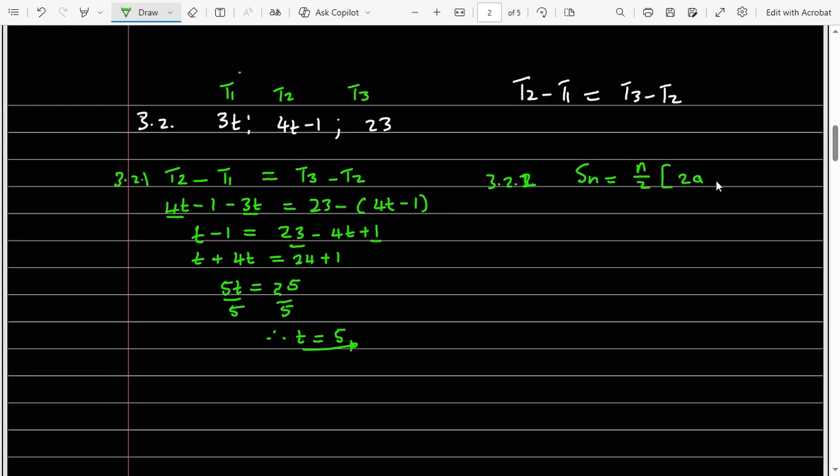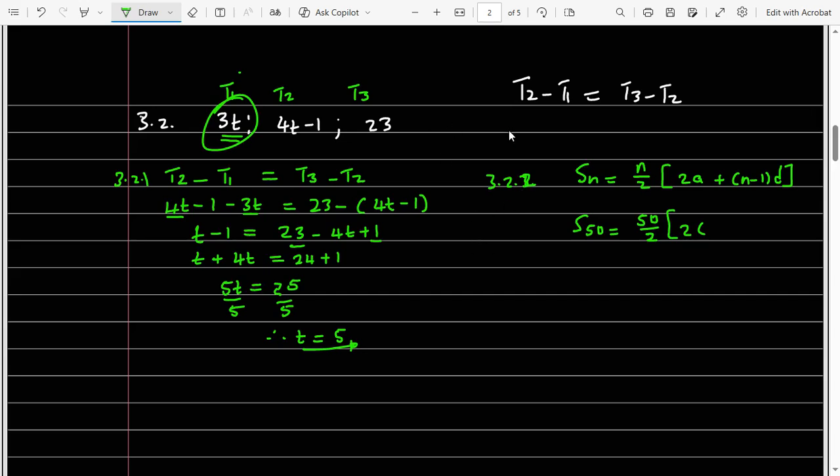The formula for the sum of an arithmetic series goes like this, and you'll definitely get this formula at the back of your question paper. You just have to know this is for the sum. So we are looking for the sum of 50 terms, meaning that where there's n, I'll sub in 50, over 2. Where there's a, I substitute the first term of the sequence. The first term is 3t, and we know that the value of t is 5.